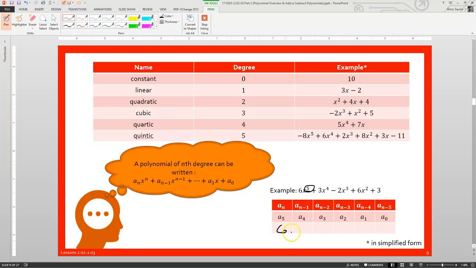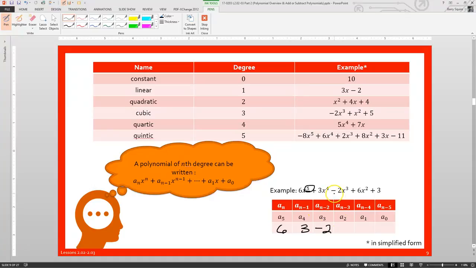Then for the next one down, well, a to the 5 minus 1 is a, sorry, it should be sub. A sub 4, meaning the coefficient, that's going to be the 3. Next one is a sub 3, because it's 2 away from the biggest. That's going to be negative 2.